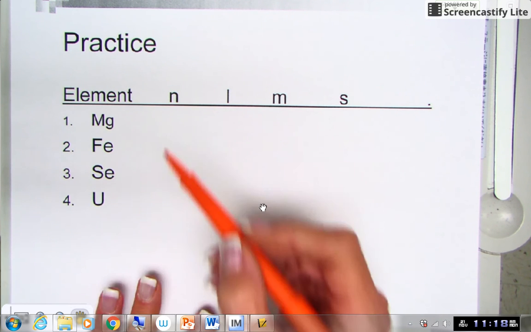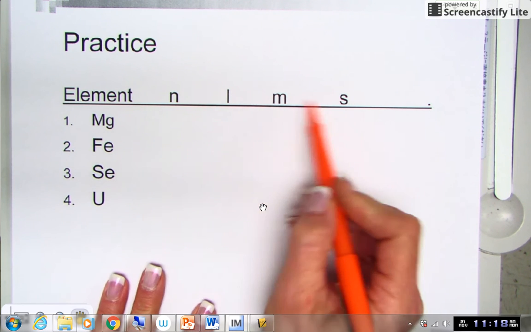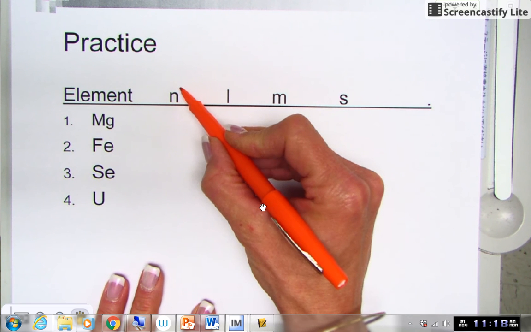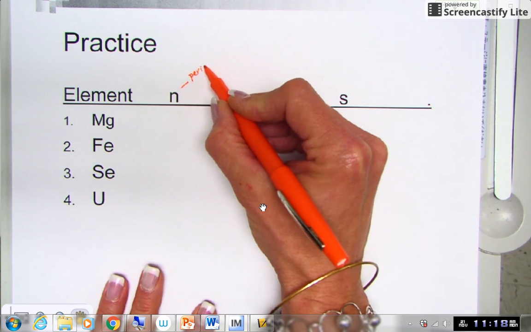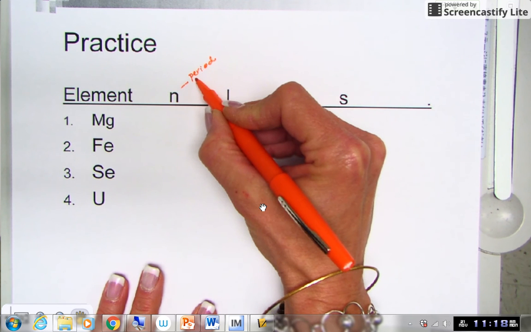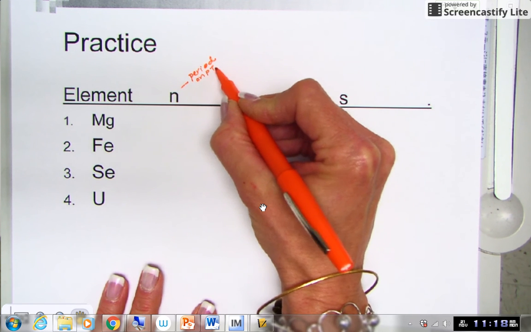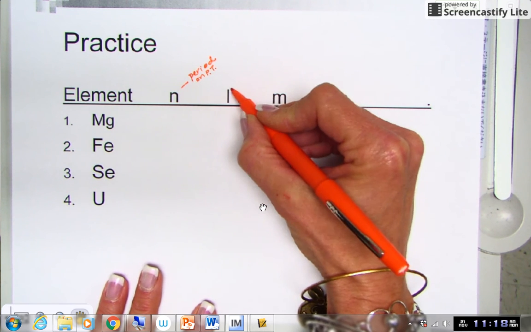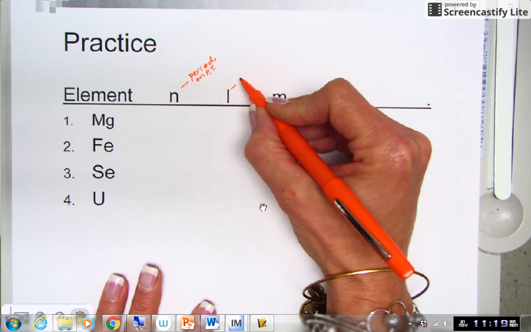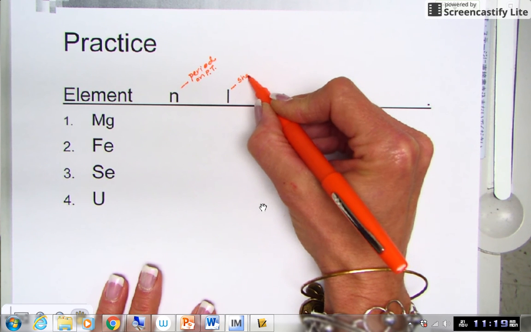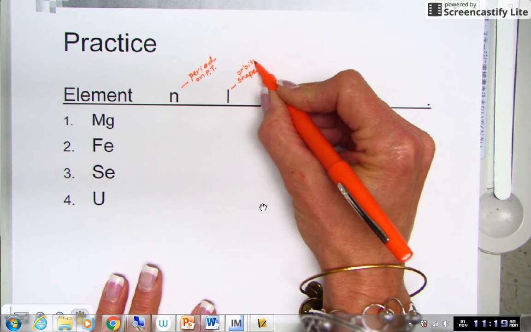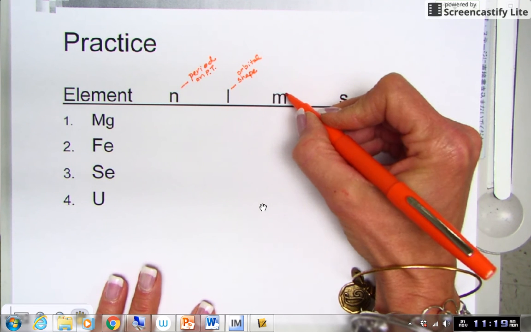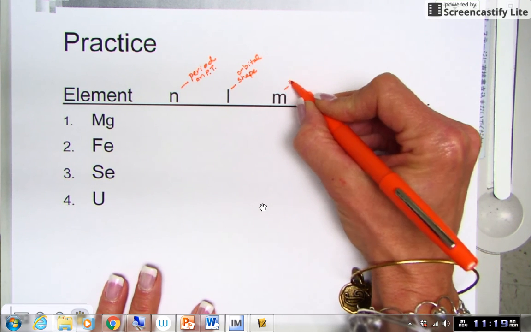Now remember, we're finding 4 quantum numbers. N is your principal quantum number, and it corresponds to the period on the periodic table. L is your orbital quantum number. It tells you the shape of the orbital. M is called the magnetic quantum number. I call it the mailbox number.